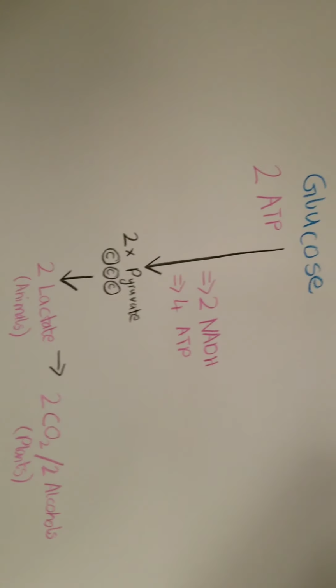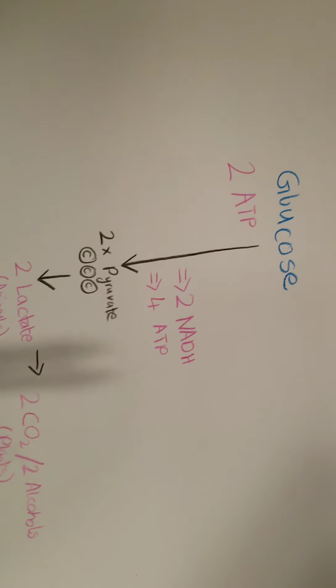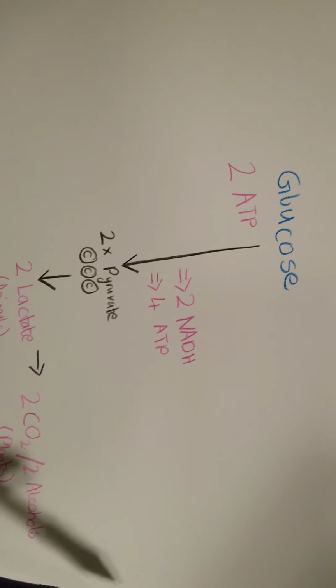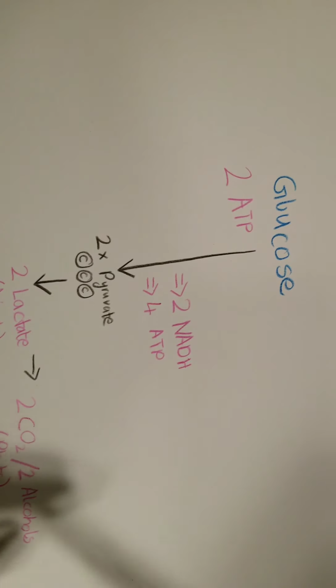You might recall this diagram from our notes, where we had glucose, 2 ATP. This might look like glycolysis, but it is. For glycolysis you don't need oxygen, but for the other one we needed oxygen.